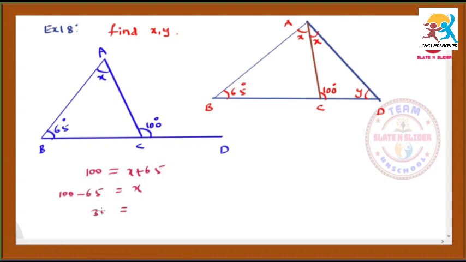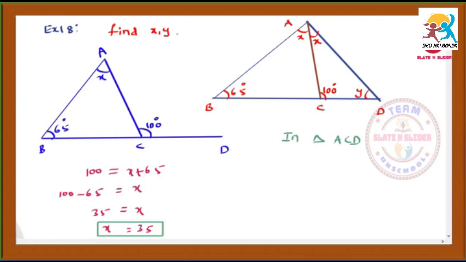After that, we will take the next triangle, that is triangle ACD. Observe this triangle. In triangle ACD, the sum of the three angles is 180 degrees. So we can write x plus 100 plus y is equal to 180 degrees.